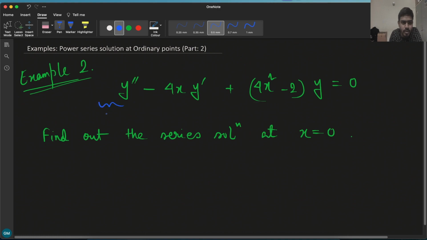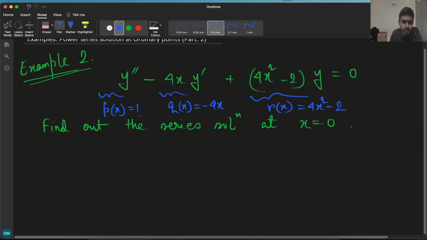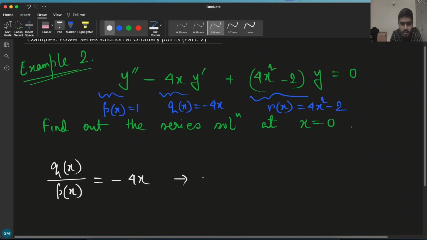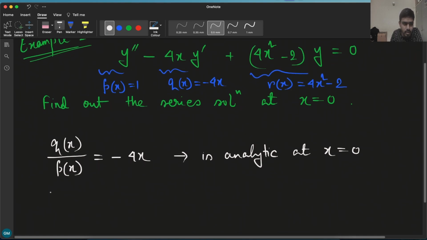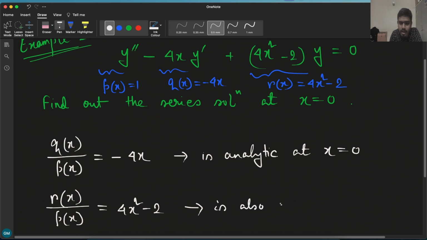In that case we can see that this is the px which is 1, this is the qx equals to minus 4x, and this is the rx which equals to 4x square minus 2. It's very easy to see that px is not equal to 0, and qx by px, which is minus 4x, is analytic at x equals to 0, and also rx by px, which equals to 4x square minus 2, is also analytic at x equals to 0.